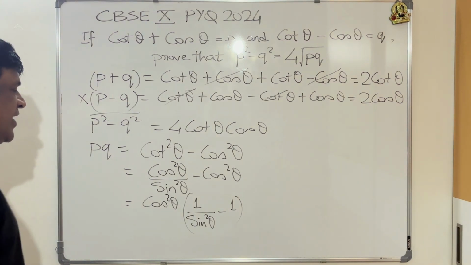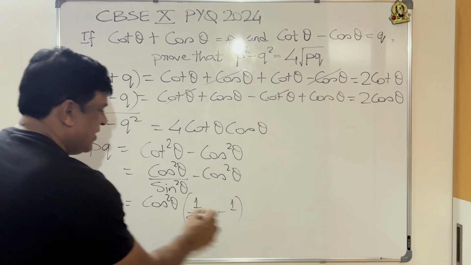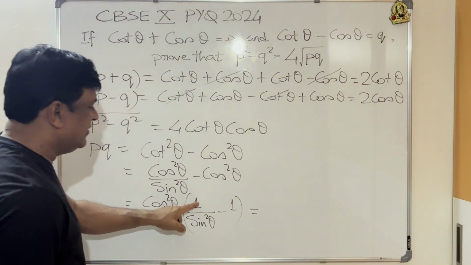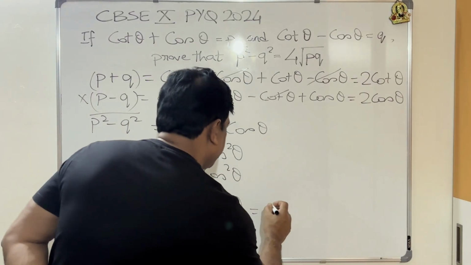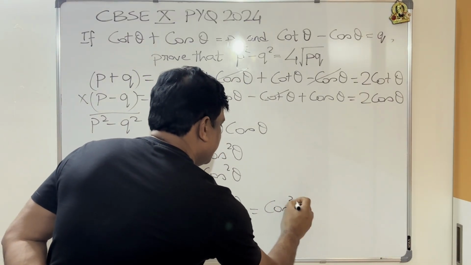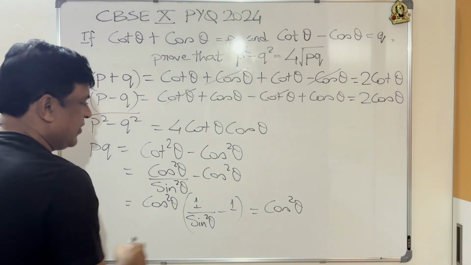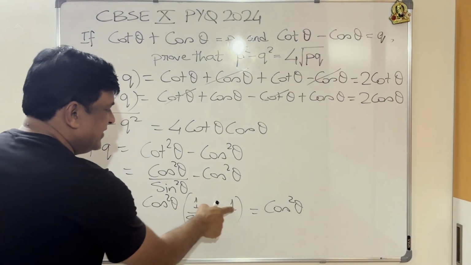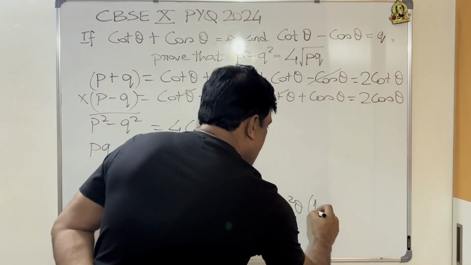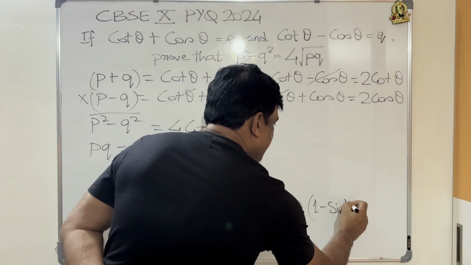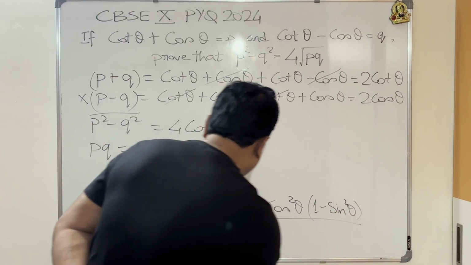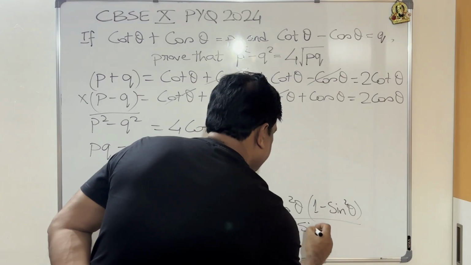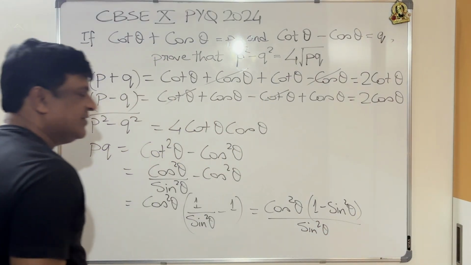Look at it. Okay. So what can I do over here? Again, I can go ahead and do this. This cos square theta is there outside. This becomes 1 minus sin square theta divided by sin square theta. That is what I get.